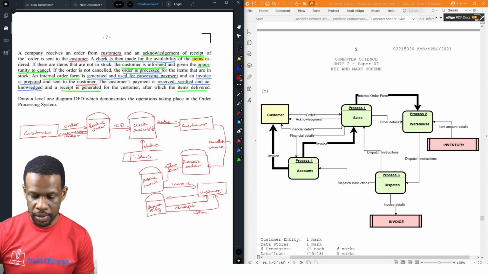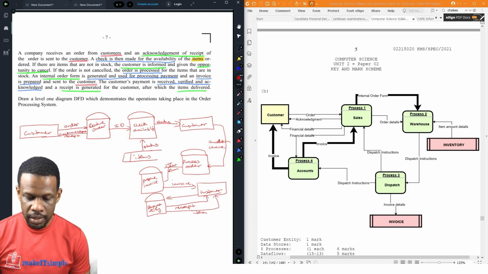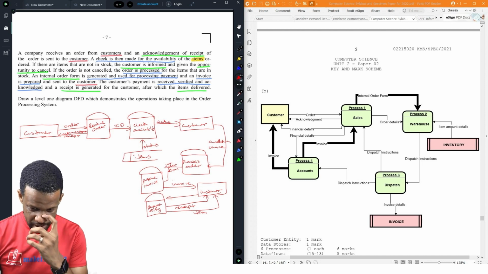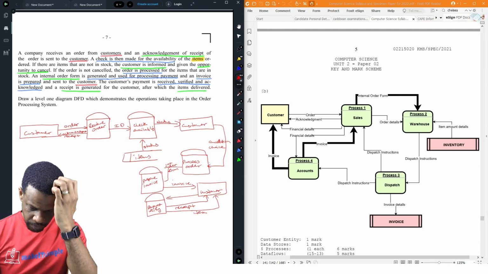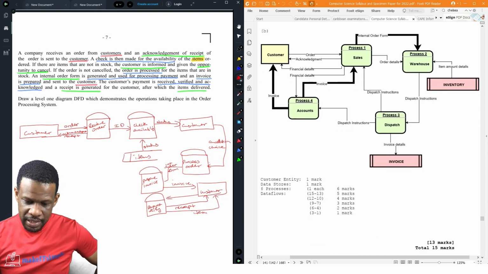because it's not adding up. But the mark scheme says customer entity is 1 mark, data stores 1 mark, even though they have 2 data stores. 6 processes, 6 marks. We ended up with 5 processes, because they don't even have 6 processes in their answer. No, 5 processes.